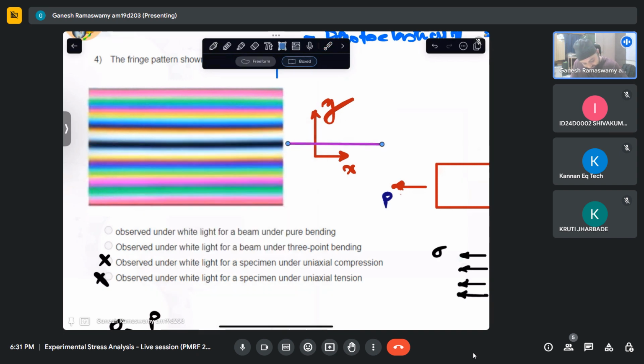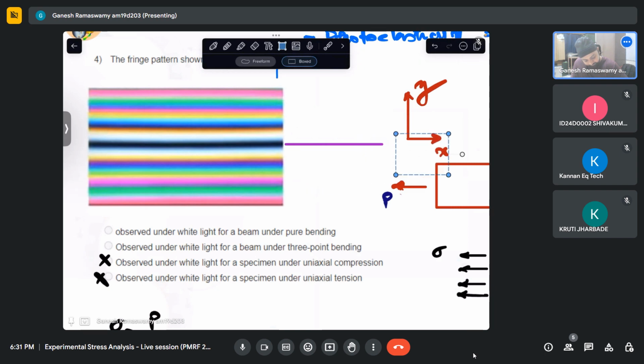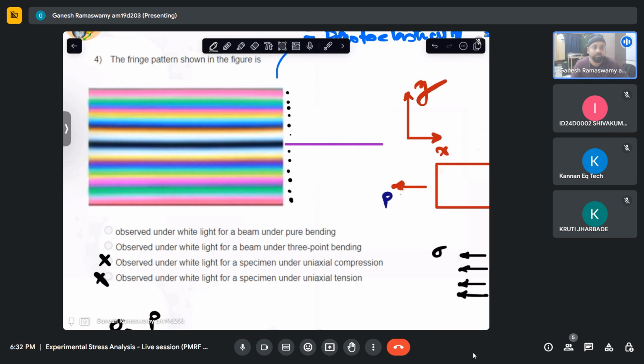If I see this line, I'm able to see that the fringes are nearly symmetrical. That is, it goes from white to blue to yellow to blue again, green and pink. Here white, blue, green, pink, again a little bit of blue, then green and then pink. So it seems to be symmetrical about this.